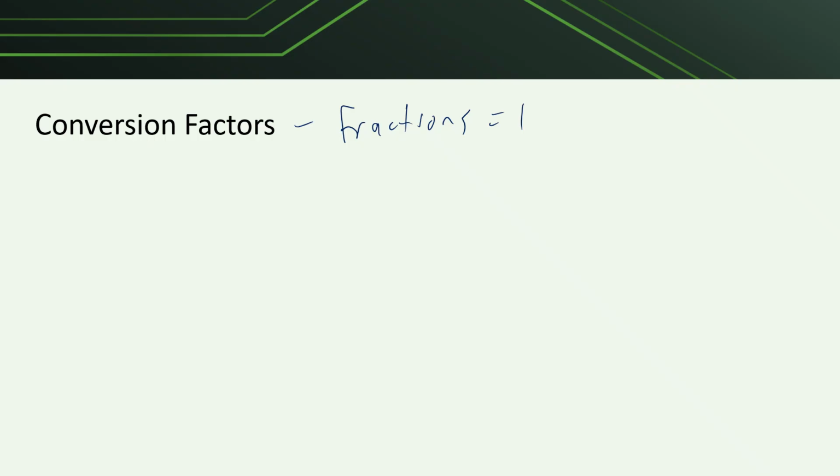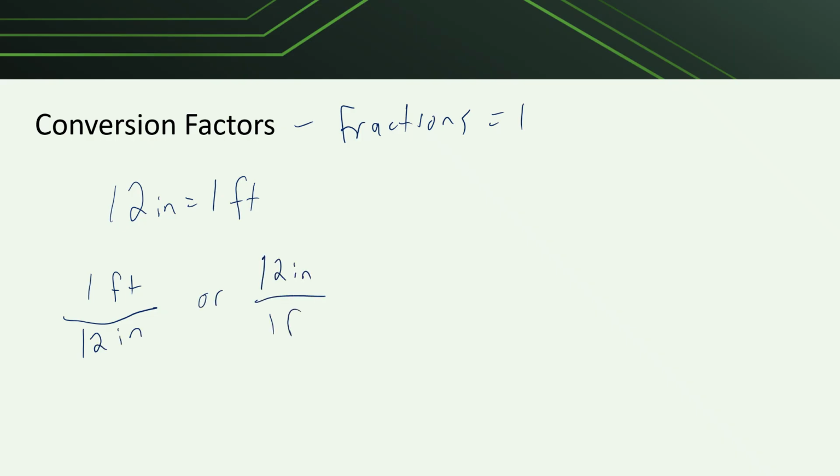Let's use some simple ones to start out with. So we know that there are 12 inches in 1 foot. Simple conversion. I could write that as 2 different fractions: 1 foot over 12 inches, or 12 inches over 1 foot.